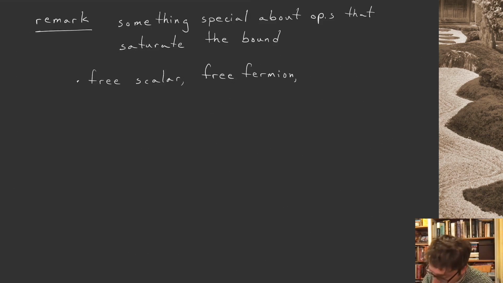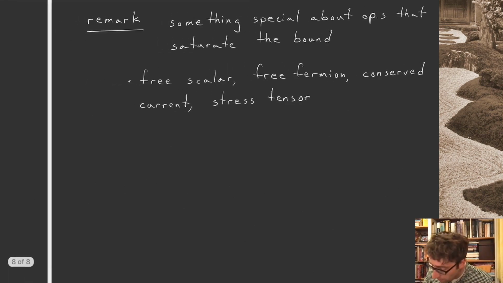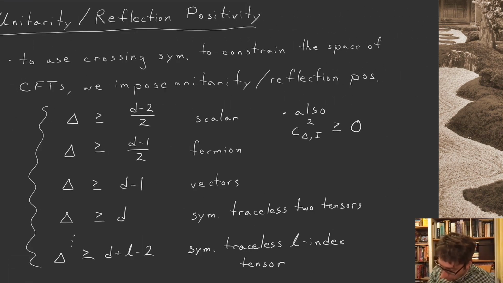And then we discussed a little bit also about conserved currents and the conserved stress tensor. The conserved current has a dimension that's d minus 1, and the stress tensor has a scaling dimension which is d. So these are the operators that saturate the bounds. We can look at the list on the previous slide and we see it. For the scalar, when the dimension is (d-2)/2, that's the free scalar.